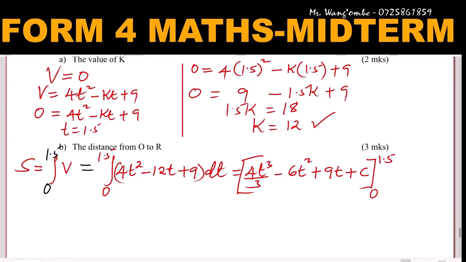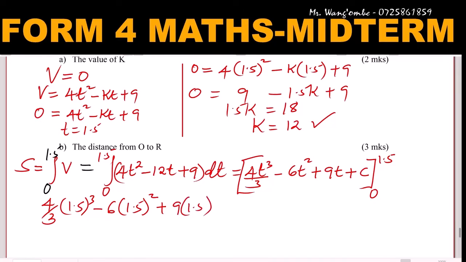From there we substitute 1.5 in this expression. We have 4/3 times 1.5 cubed, minus 6 times 1.5 squared, plus 9 times 1.5.